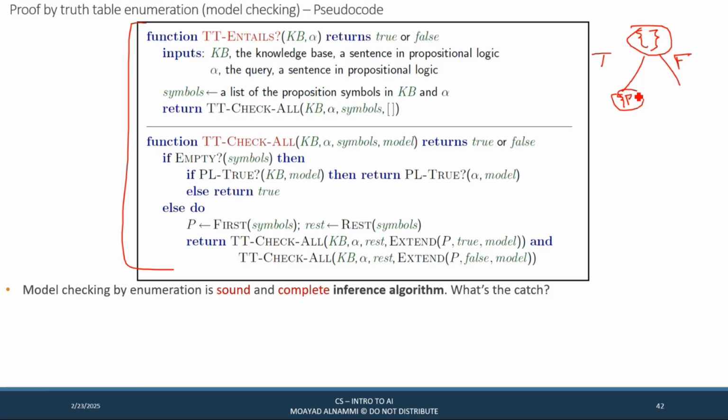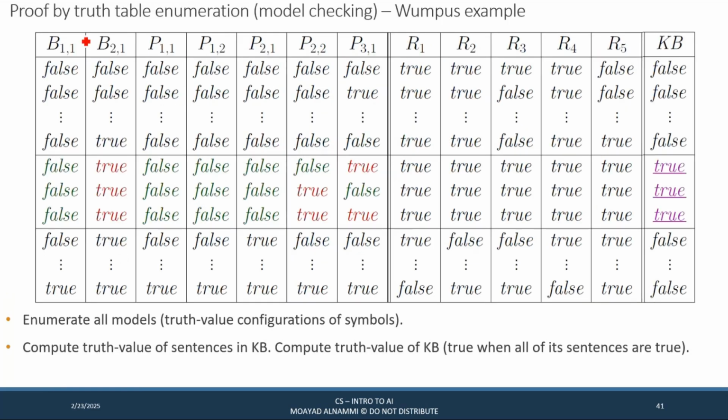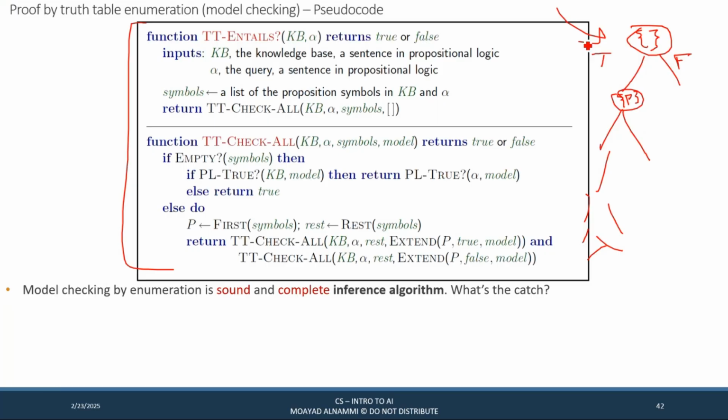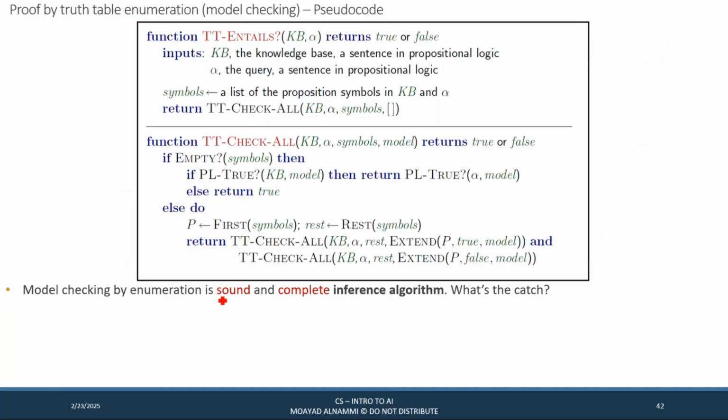So maybe it assigns P true, and then it keeps going down the tree until it assigns all the variables true or false, and then it checks the locations in which the KB is true. Is alpha also true or not? So you can do it the table way, or you can do it the depth first search way. Both ways are possible. Model checking, which is this truth table enumeration, is a sound and complete inference algorithm. So these are good properties to have.